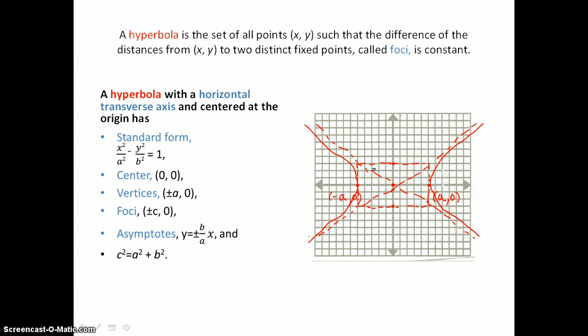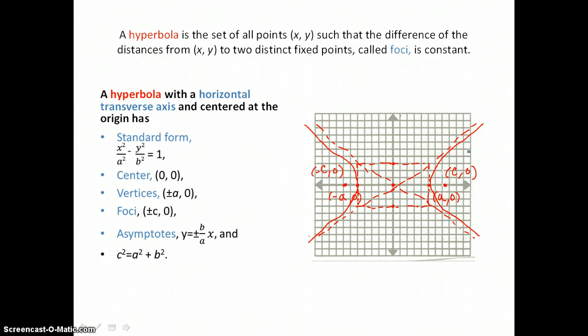Okay, now there are foci located inside those branches, and those foci are a distance of c units from the center. So this focus is located at (c, 0), and this focus is located at (-c, 0).